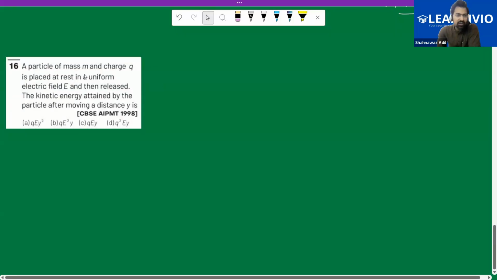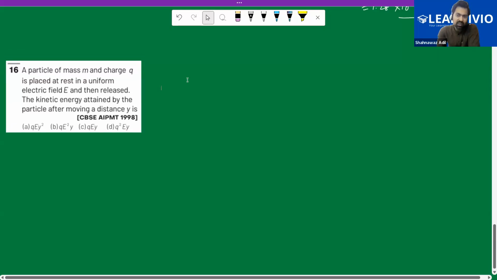So a particle of mass m and charge q is placed at rest in a uniform electric field and then released. The kinetic energy obtained by the particle after moving a distance y, right? So we have to find out the kinetic energy, and whenever we see kinetic energy and the velocity is given, then we know that from electric field we can find out the force.